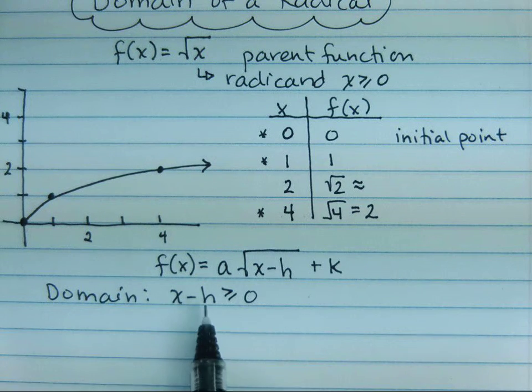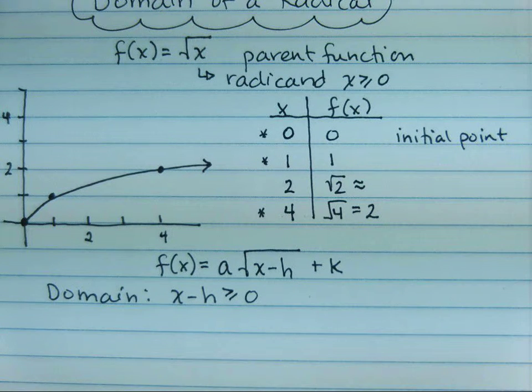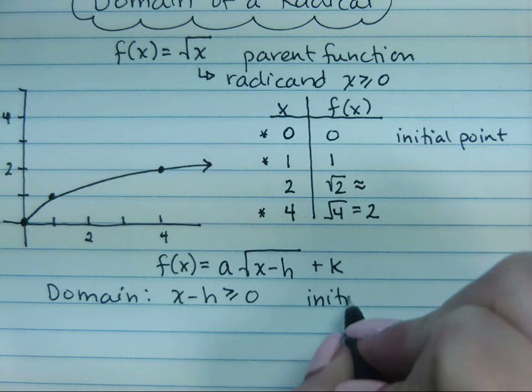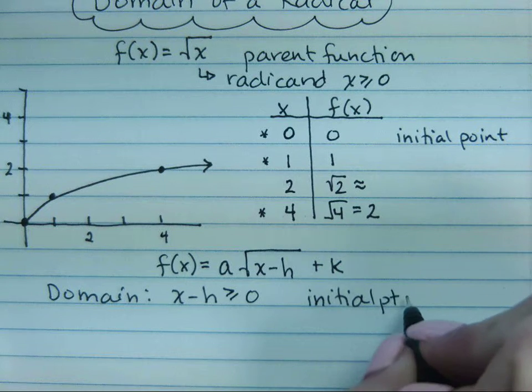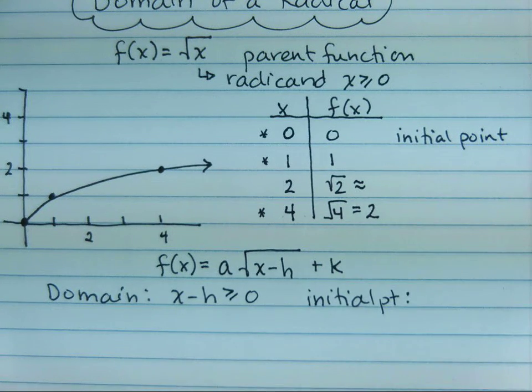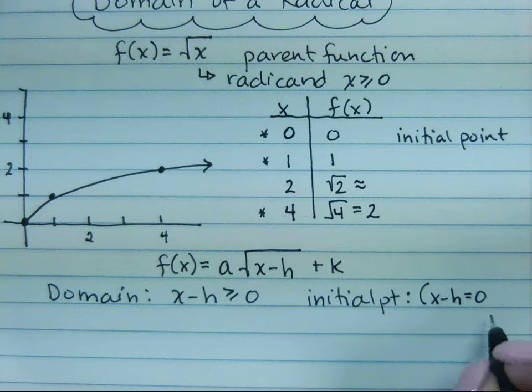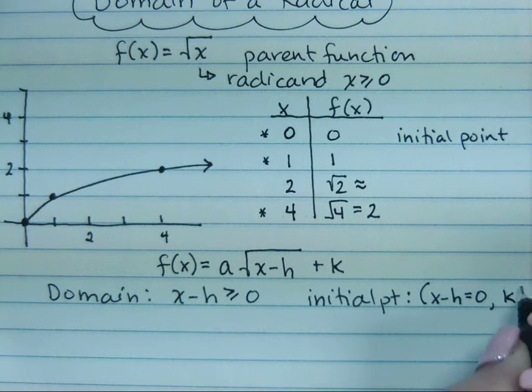And you're going to need to actually solve that and do some work to find out the specific value. The other thing that we're going to need to see is, just since we started talking about initial point, your initial point when we start graphing these later is going to have the x value as whatever happened when we solved x minus h to be equal to 0, and then my k value.